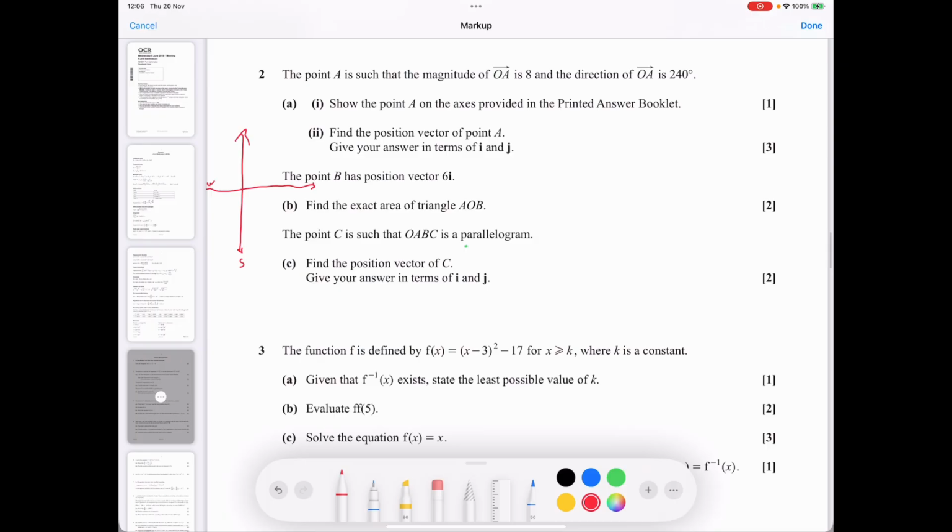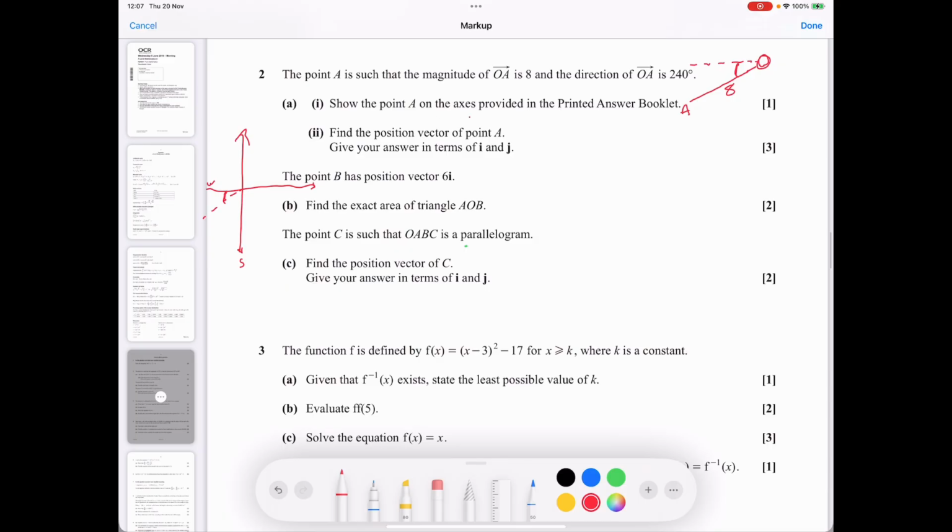So that means it's going to be 30 off that. Okay, so from O, at 0, we're going this way, 8, and that is going to give us what OA is.